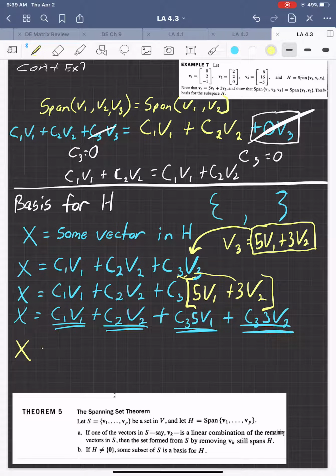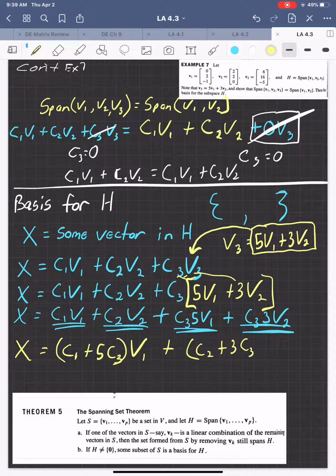Ready? So that gets me to x is equal to, if I factor out a v sub 1, actually let me write it this way. If I factor out a v sub 1, what would be left is (c sub 1 plus 5 c sub 3) times v sub 1 plus, and now I have (c sub 2 plus 3 c sub 3) times v sub 2.